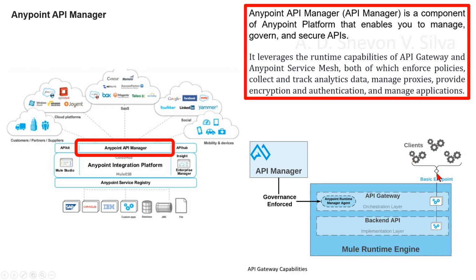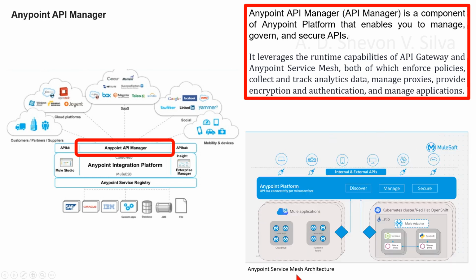Clients are connected through the API gateway here. Actually, clients interact with the API gateway, and the API gateway interacts with the backend API, and the endpoint is the interaction between clients and the API gateway here.